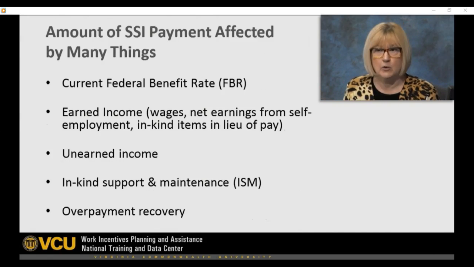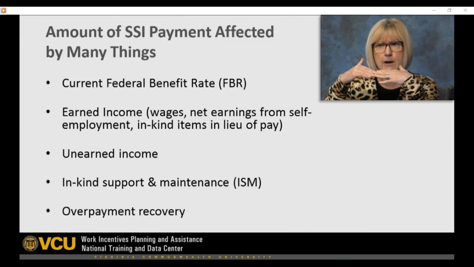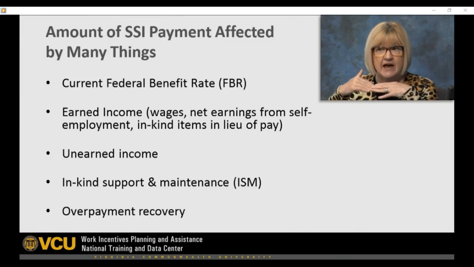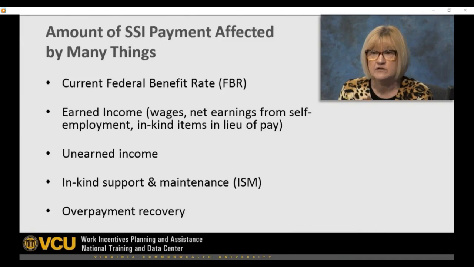Now, people get all different amounts of SSI. There are certain amounts, certainly in the federal payment, that you'll see over and over again because there is a federal benefit rate called the FBR. You can see that here on this slide. And that is the maximum amount in federal SSI payments that an individual can receive.